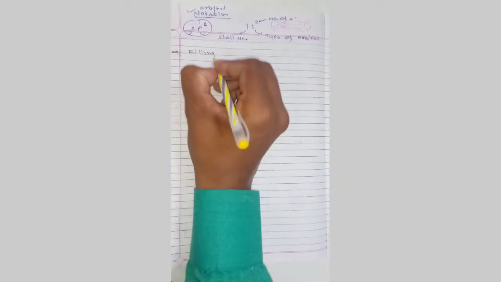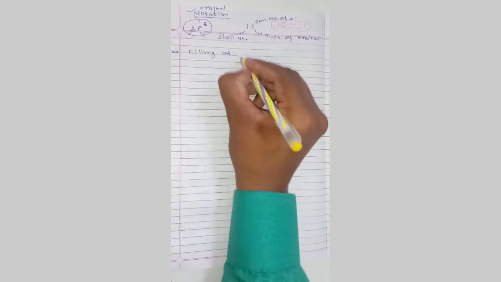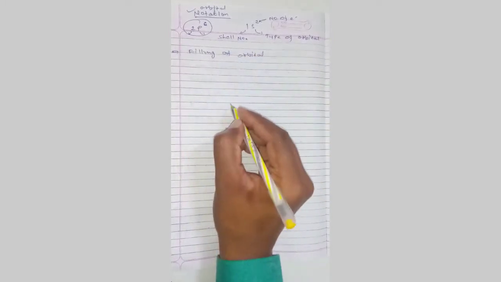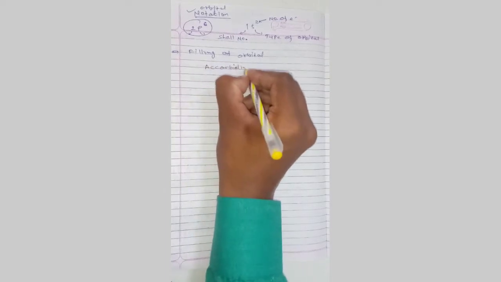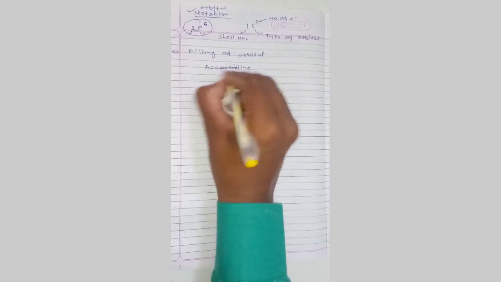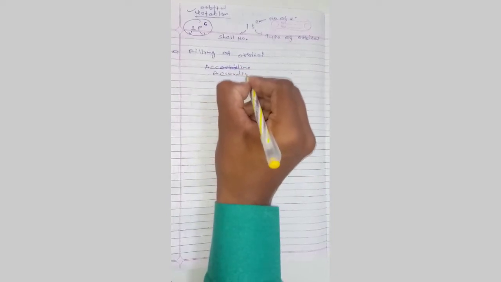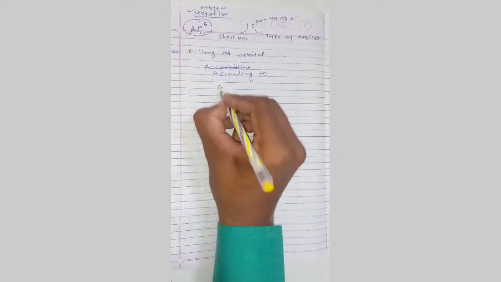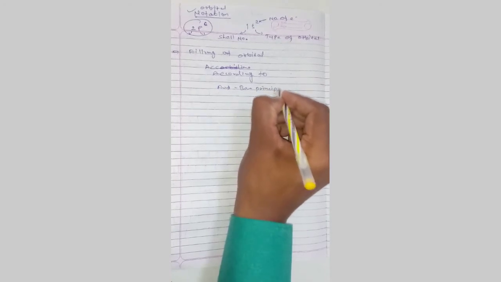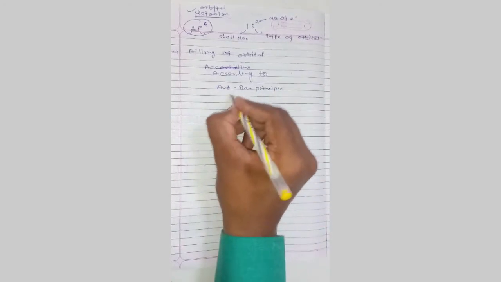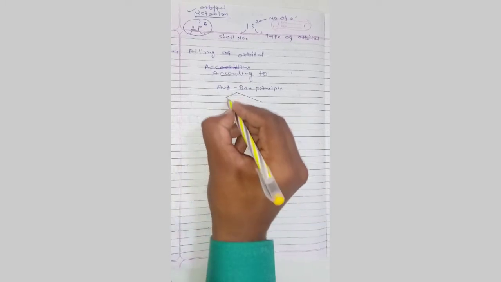Now let's see here filling of orbitals according to Aufbau Principle, and this Aufbau Principle is based on two rules.